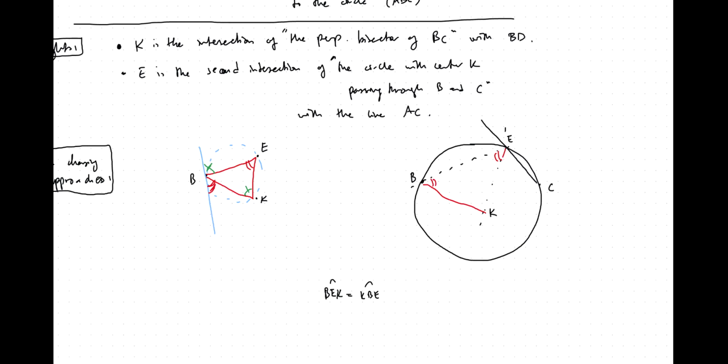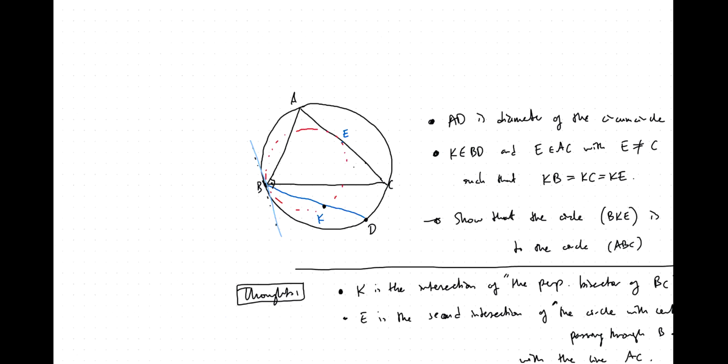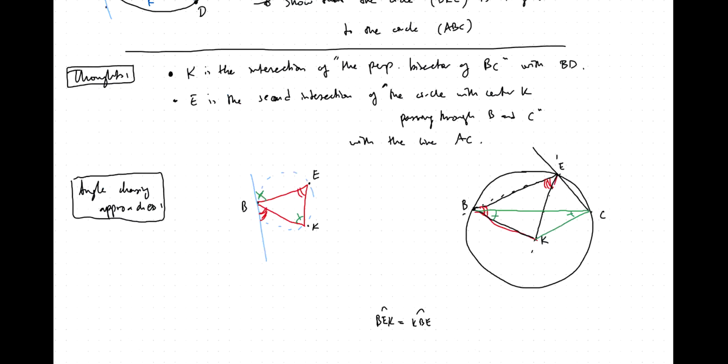Probably I will simplify your angle chasing, but I will first listen to it and then try to simplify. So you said angle BCK equals 90 minus angle B, yeah, because of this 90 degrees here. Okay, this green angle is 90 minus B.